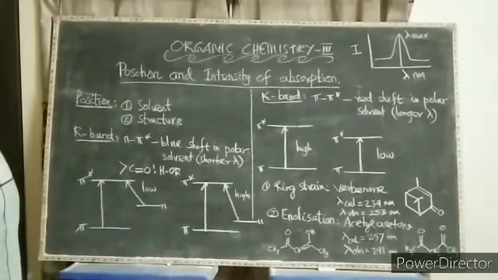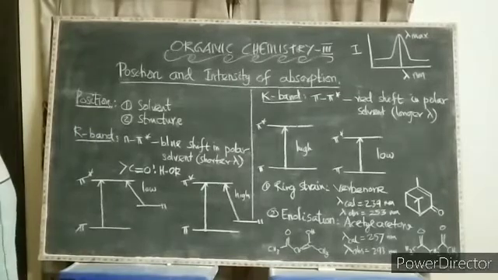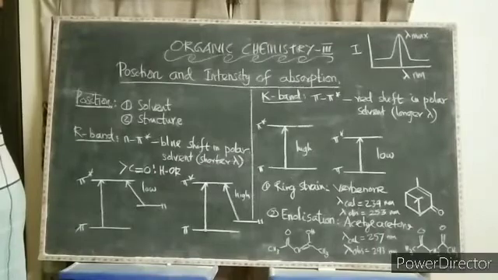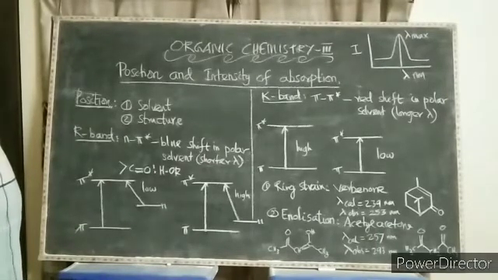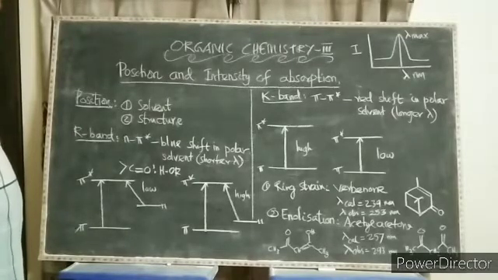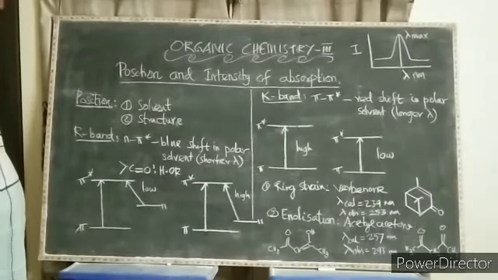This happens because the carbonyl groups are solvated by the alcohol, that is, the lone pair electrons present on oxygen are engaged by the hydrogen. So, because of this strongly bound nature of the lone pair electrons, the electrons cannot easily be excited to the higher pi star level. They are now tightly bound, strongly bound.